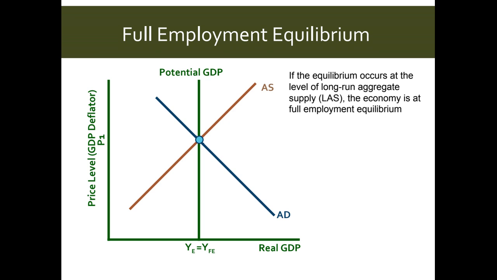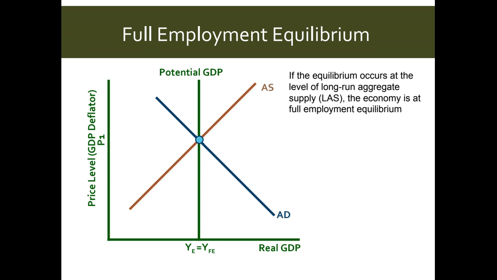This situation is called full employment equilibrium. By full employment equilibrium, I mean that the intersection of aggregate demand and aggregate supply curves, that is, both curves will intersect at full employment level of output. So we have equilibrium, and this equilibrium is actually at full employment level of output.